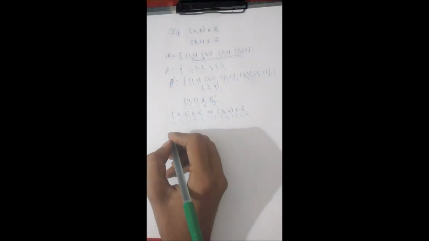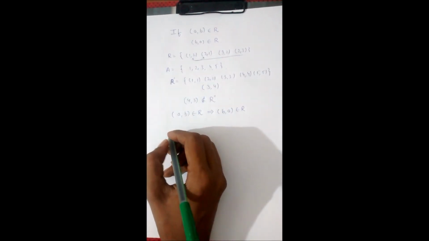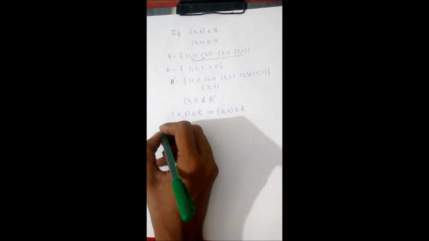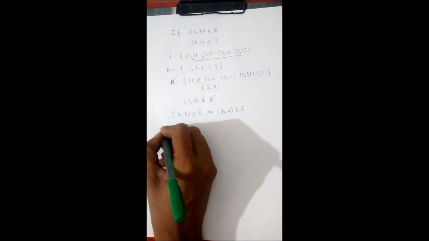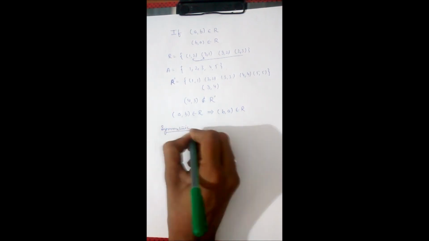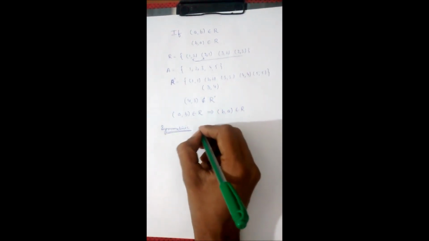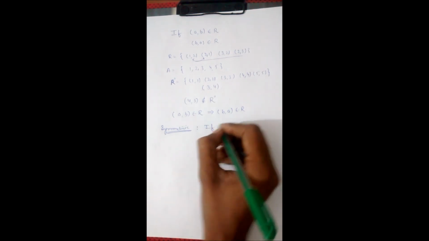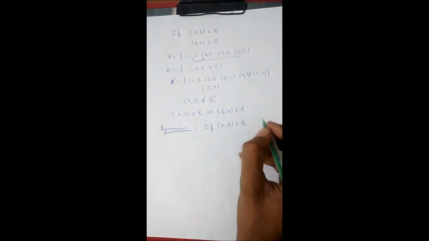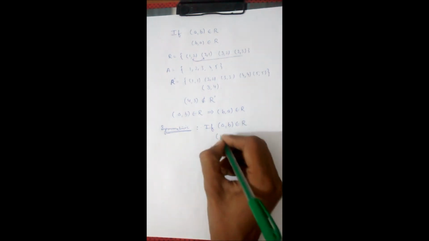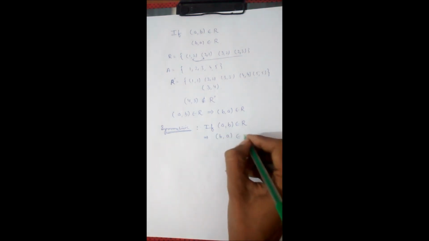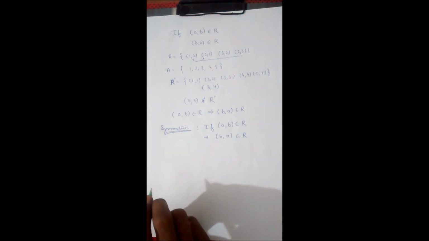This was my symmetry. Now I can make a proper definition of symmetry. A relation R is said to be symmetric if for a pair (a,b) belonging to that relation R, I must have (b,a) belonging to relation R. Only this much.